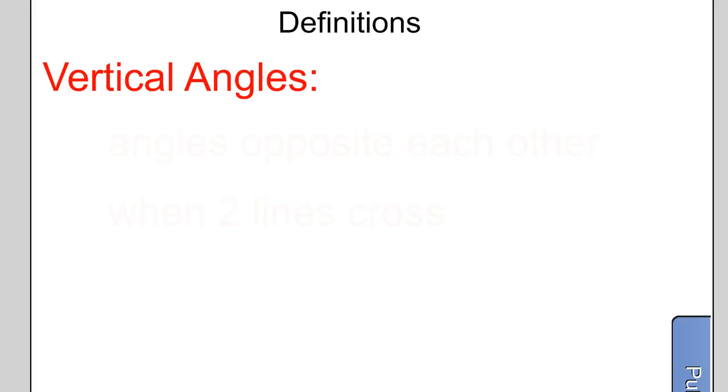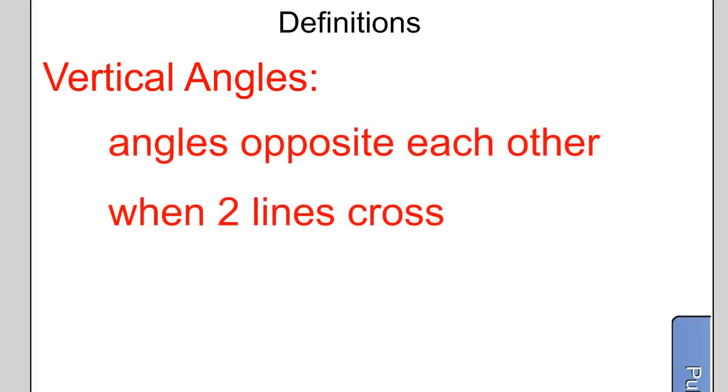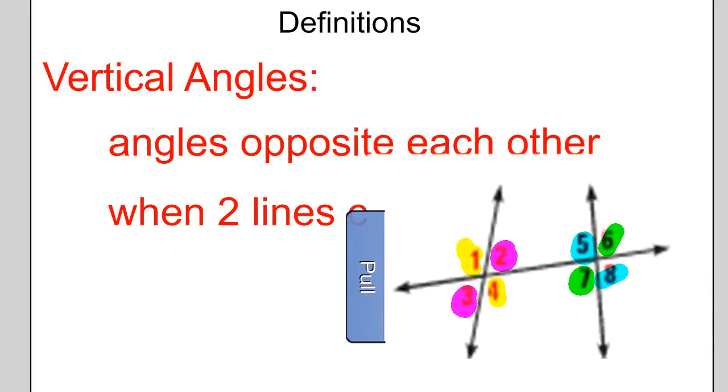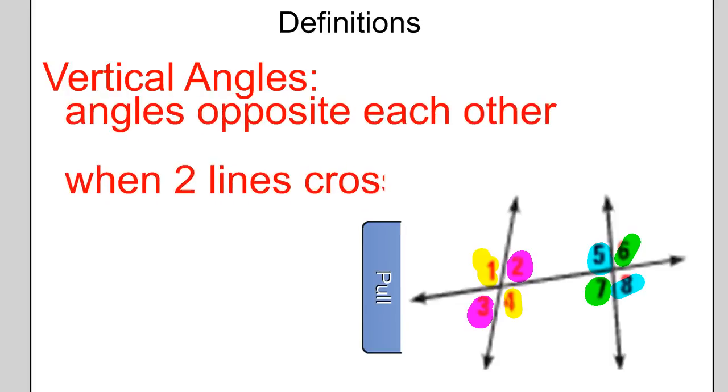All right, let's talk about what vertical angles are. You guys should remember that. That is our first angle pair relationship. Vertical angles, angles that are opposite each other when two lines cross. That's easy to find, and I think I have a picture right here. Here are vertical angles.